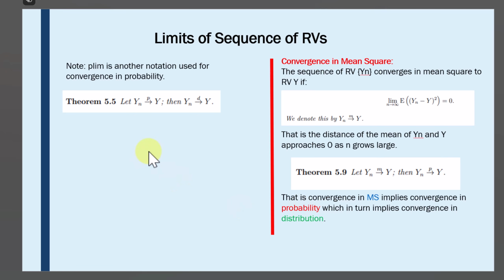And on the other hand, convergence in probability implies convergence in distribution. That is, if you have convergence in mean square, automatically you have convergence in probability, and if you have convergence in probability, automatically you have convergence in distribution. That is, the strongest type of convergence is convergence in mean square, followed by probability and followed by distribution.